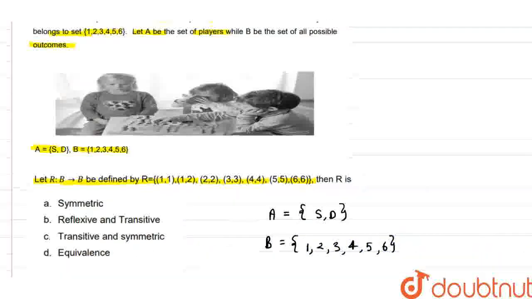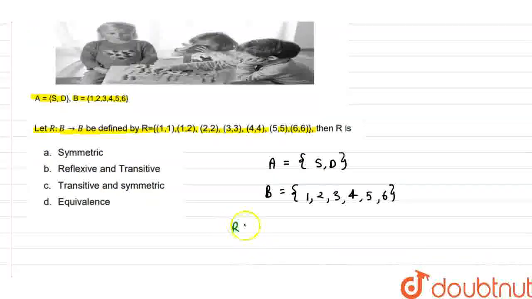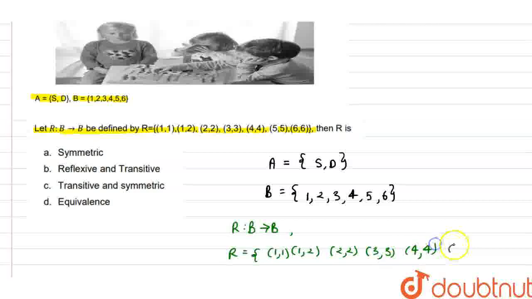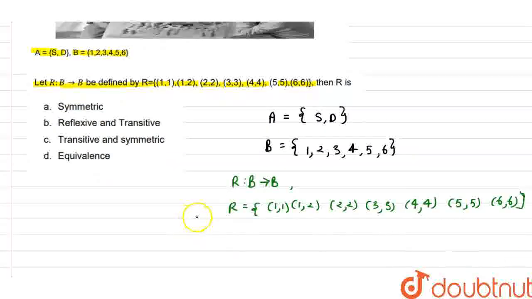And we are also given a relation from B to B, defined as R equal to 1, 1, 1, 2, 2, 2, 3, 3, 4, 4, 5, 5, and 6, 6. So here we have to check whether the given relation is a symmetric relation, a reflexive relation, a transitive relation, or an equivalence relation. First of all, we will check the reflexive relation.